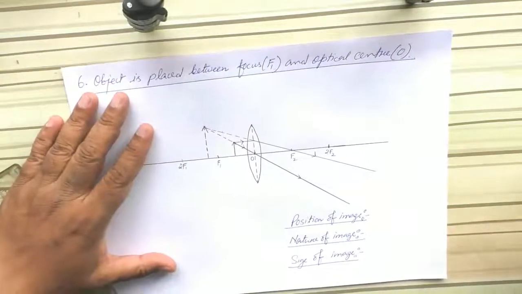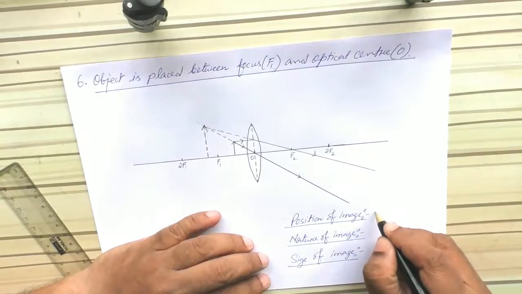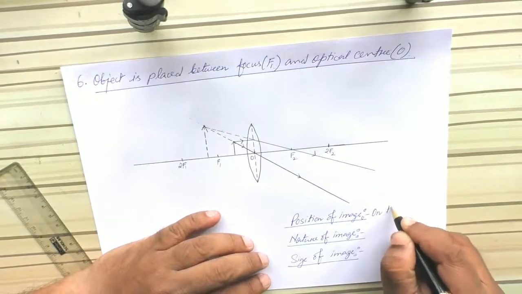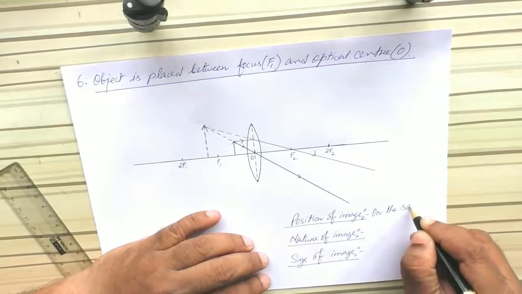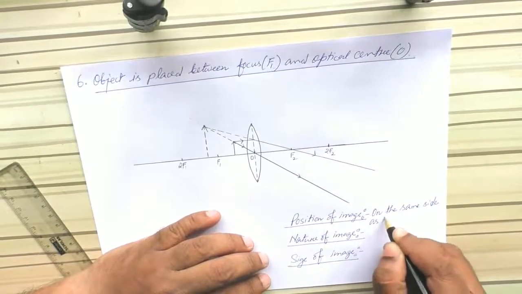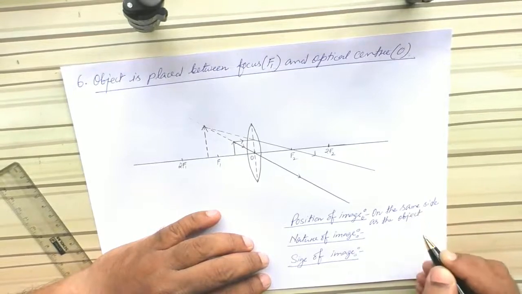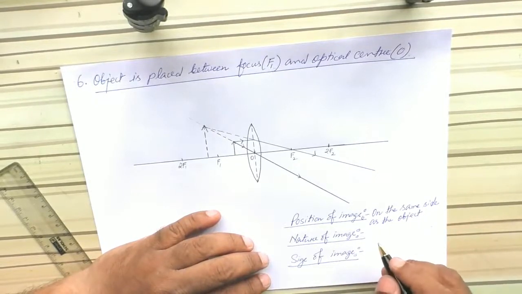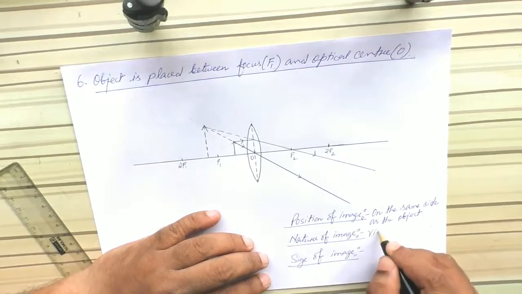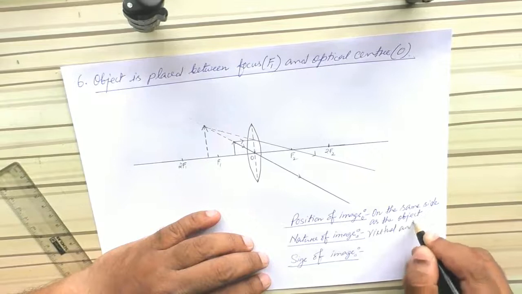So if I ask you what is the position of the image, the position of the image is on the same side as the object. Then what is the nature of the image? Nature of the image is virtual and erect.